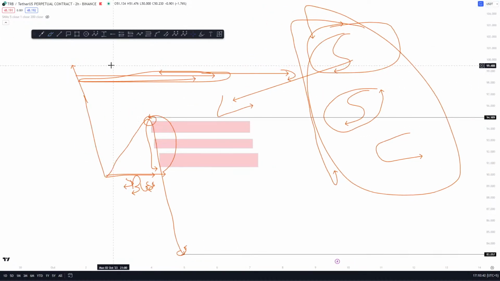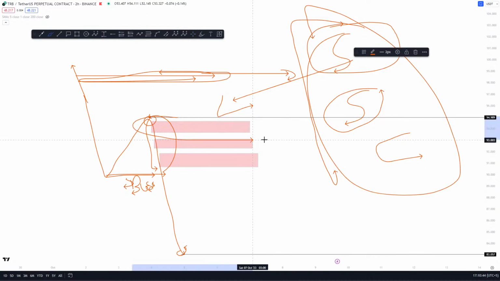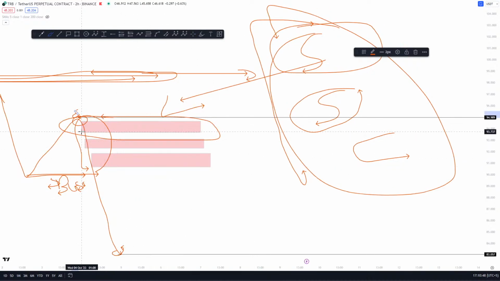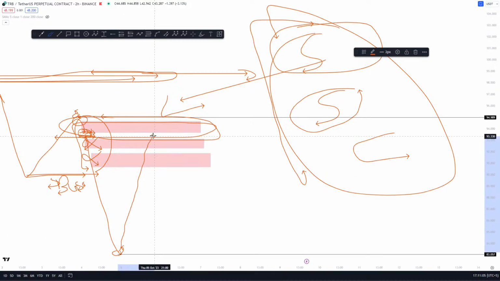You have to consider the topmost one, the first one near the high. Why? Because if any imbalances are lying over here, you have to kick out this one, and this will be your real supply. Why? Because clear imbalances are lying above supply zone number 2. So it means that if institutions want to go, they have to close their orders from here, not from here. You clear?